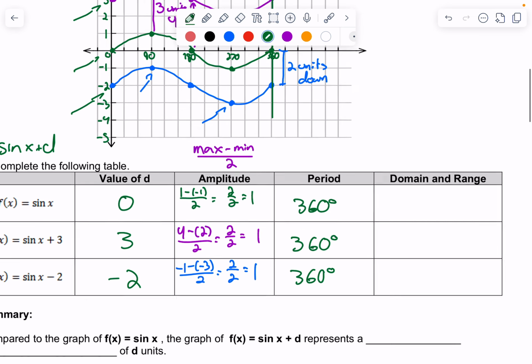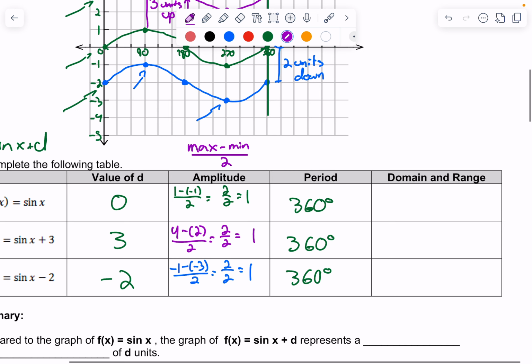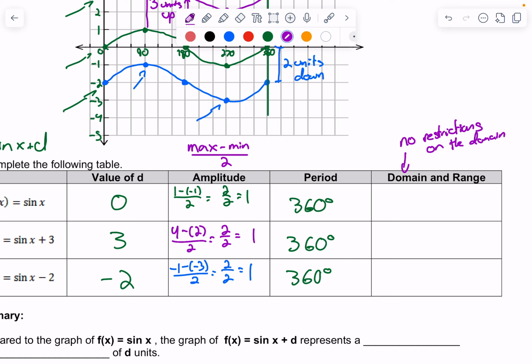Your domain, okay, well, we're dealing with trig functions, so there isn't an angle that you can't put in. There are no restrictions on the domain, ever. So what that means is that for every single one of these, your domain will be x can be any real number, always.